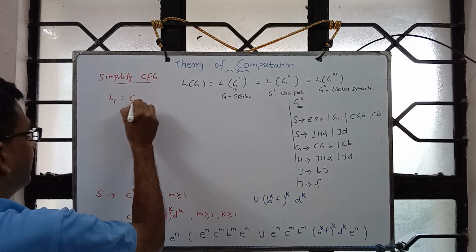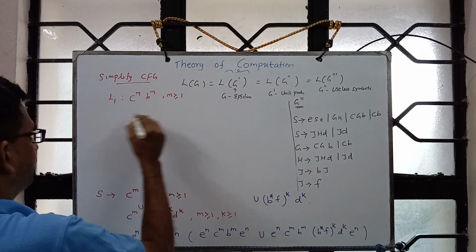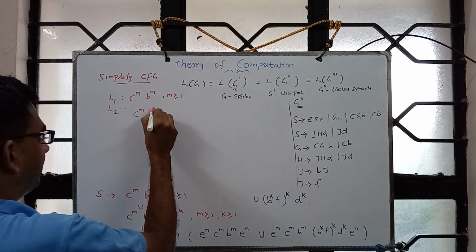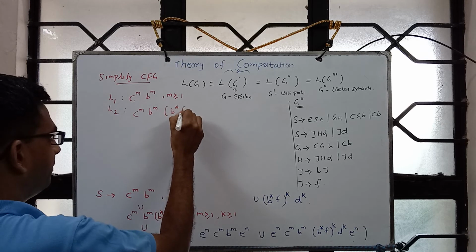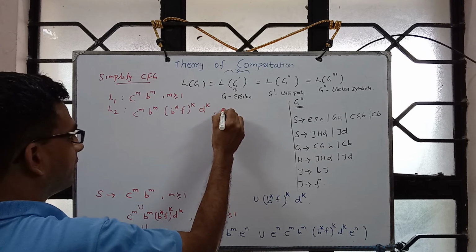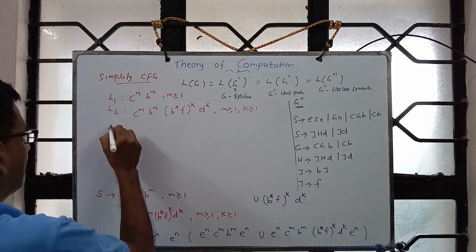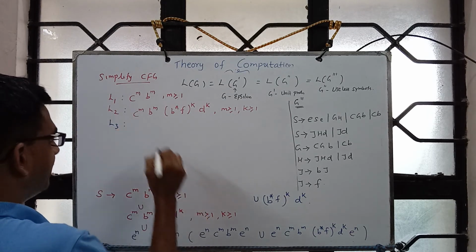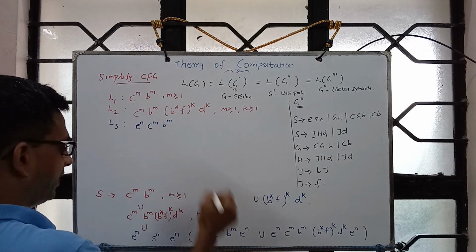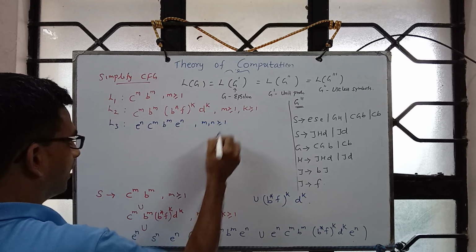So L1 is c power m, b power m, where m is at least 1. L2 is c power m, b power m, b star f to the power k, d power k, where m is at least 1 and k is at least 1. And L3 is e power n, c power m, b power m, e power n, where m and n are at least 1.